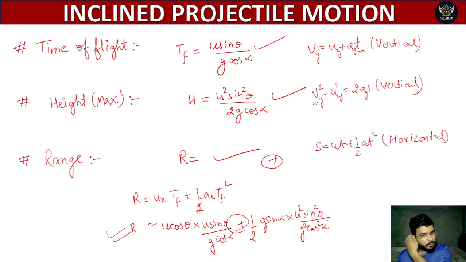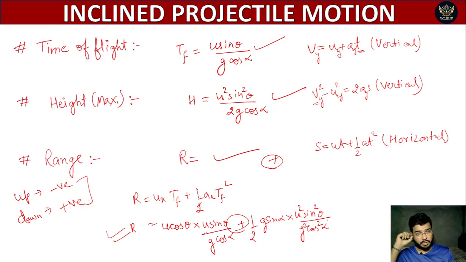So you have to remember, if the projection is up the plane, the sign is negative in between in the range formula, and if the projection is down along the inclined plane, the sign in the range formula will be positive. You have to remember this so that there will be no mistake. So that is the case for range.